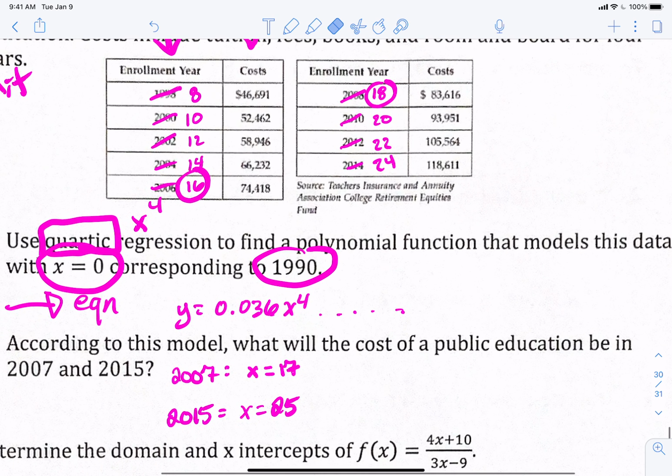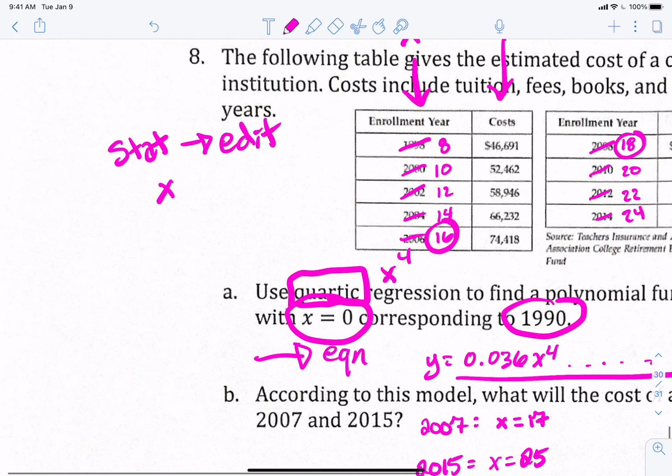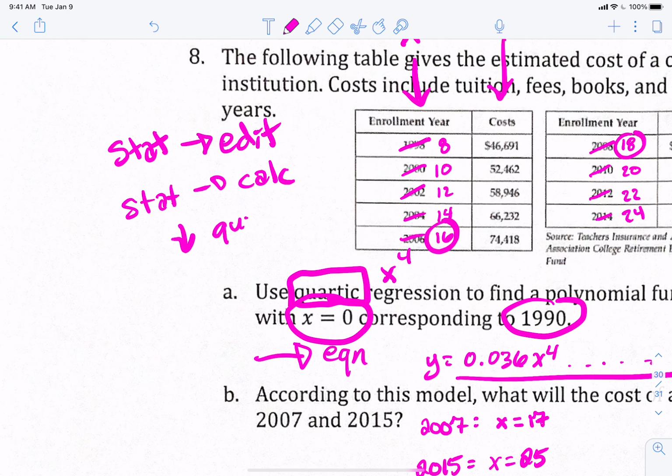And then after I do that, what do I do? After you do that, rewrite your equation here. How do I get to the equation again? Go to stat. After you go to stat edit and put your numbers in your list, you go to stat calc, and then you go down to quartic regression.